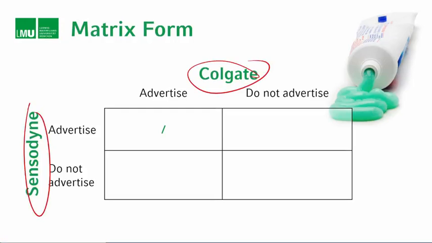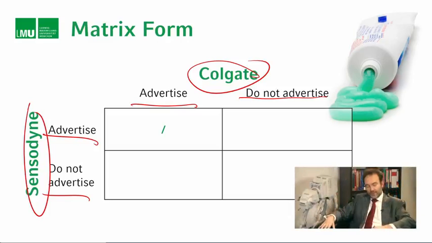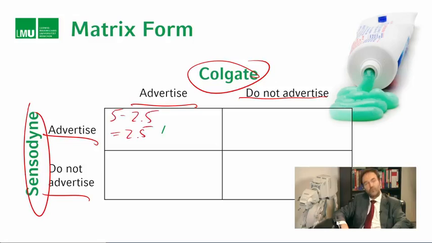We know the actions, that's advertise or not to advertise for both players. Simultaneous games are drawn as a matrix, as we've done it here. Now what we need are basically the payoffs. So the payoffs, if both advertise, as we've seen, are 5 million minus 2.5 million, that's equal to 2.5 million. And it's 2.5 million here as well.